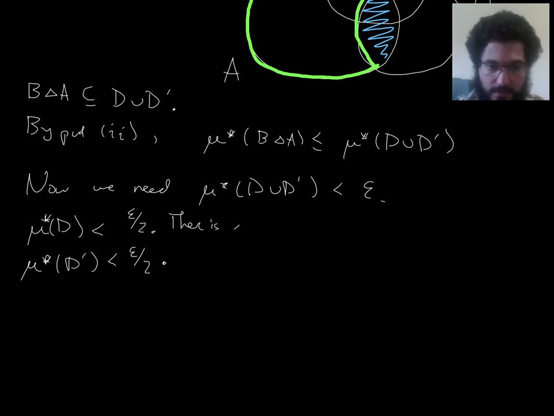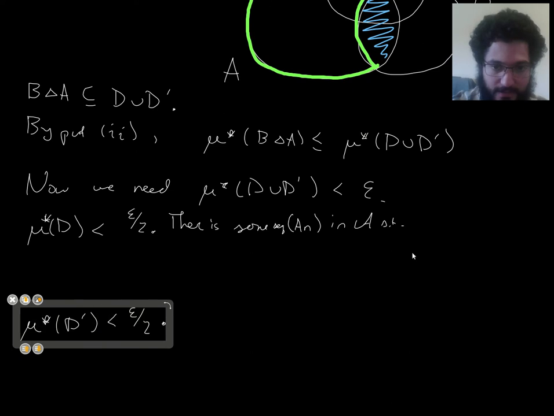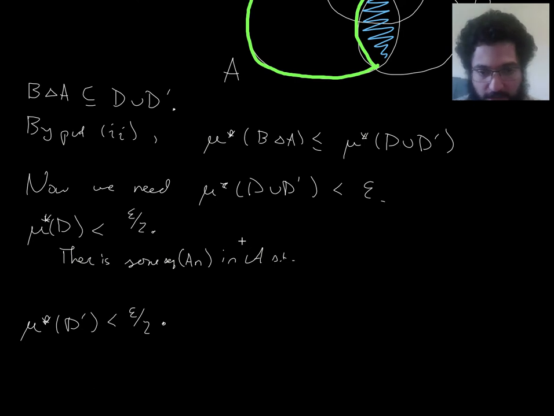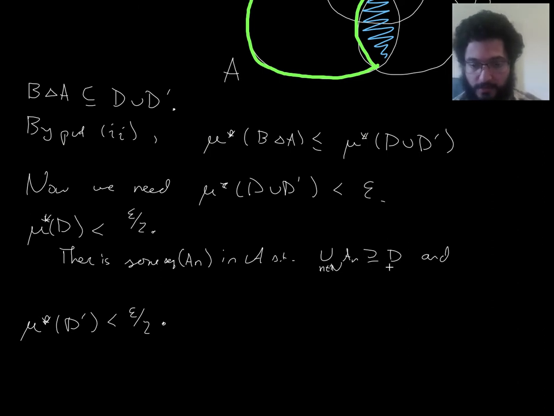So there is some sequence A_n in fancy A such that it covers D, so the union of the A_n contains D, and such that if you take the infinite series of mu of A_n, then that converges and is less than epsilon over 2.